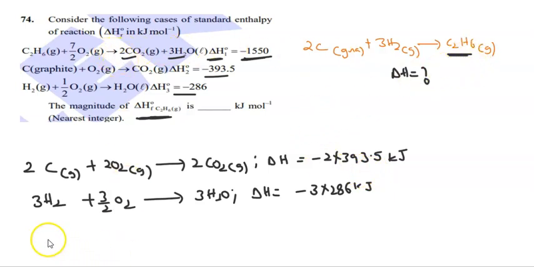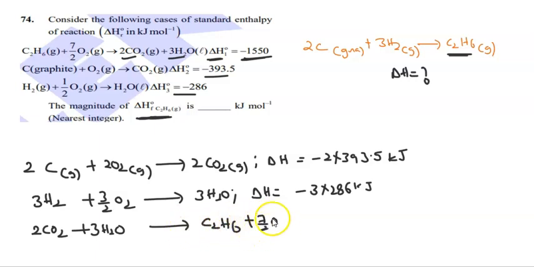And you have to get 1 mole of ethane. You have to reverse the first equation, because C2H6 is on the reactant side in the first equation but is a product in the required equation. Then 2CO2 plus 3H2O gives C2H6 plus 7 by 2 O2, delta H is equal to plus 1550 kilojoules.